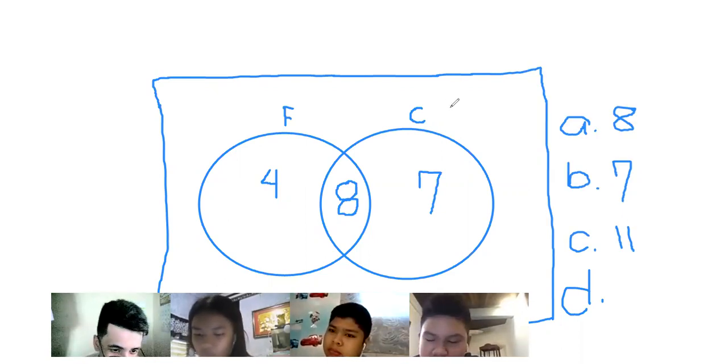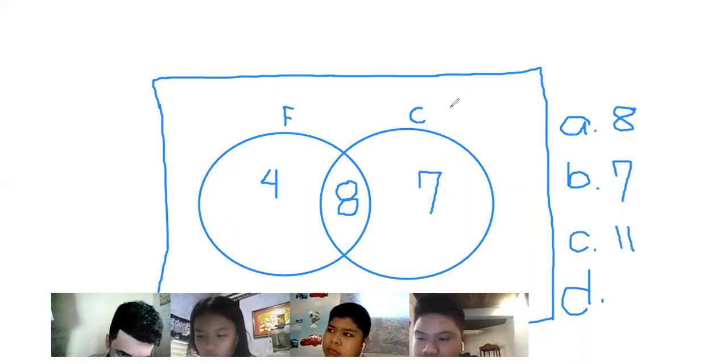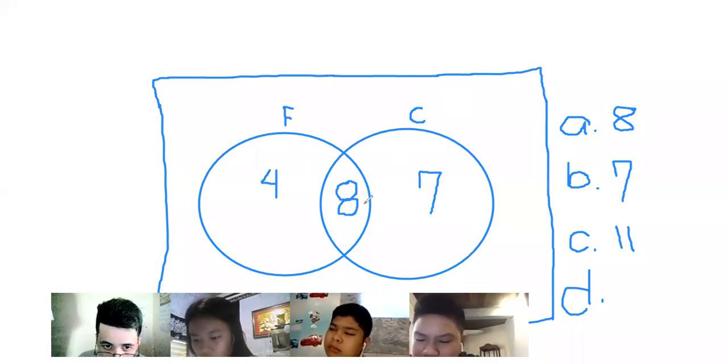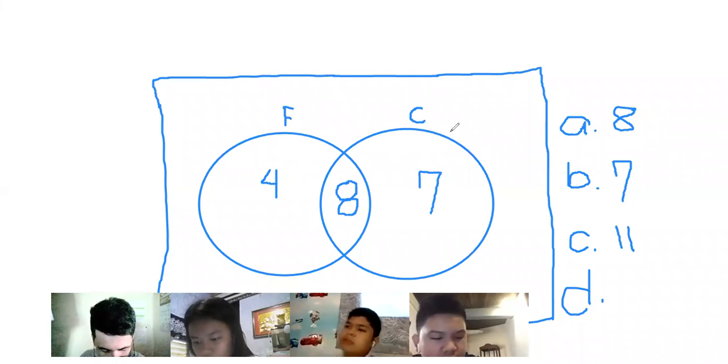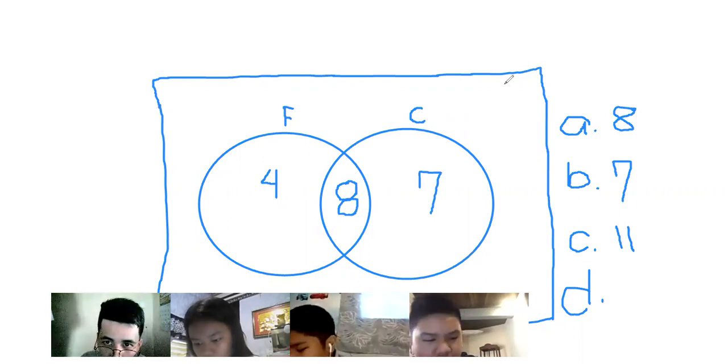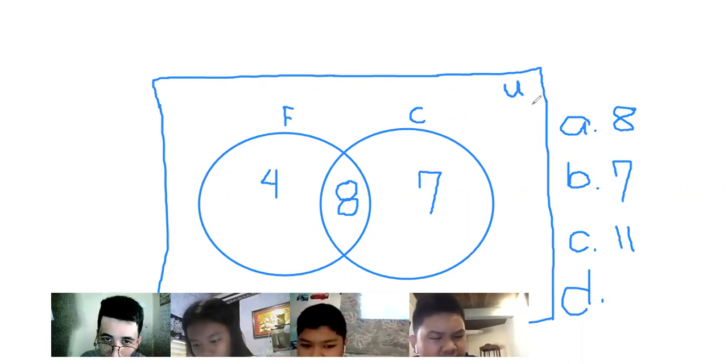Bakit 21? So overall, how many students ang meron sa class? We only have 40 students. Diba? So universal set natin, we have 40 students.